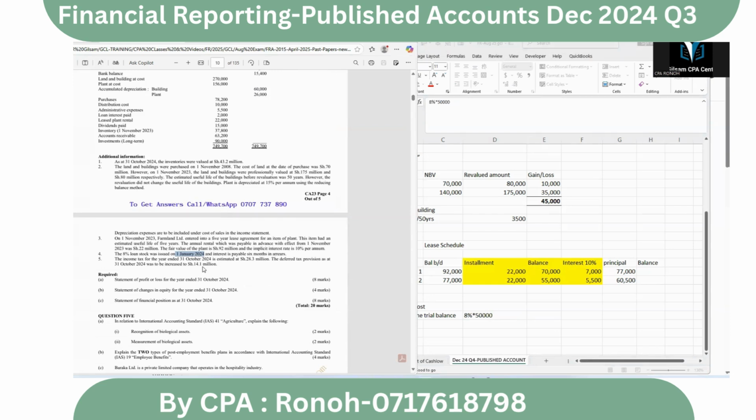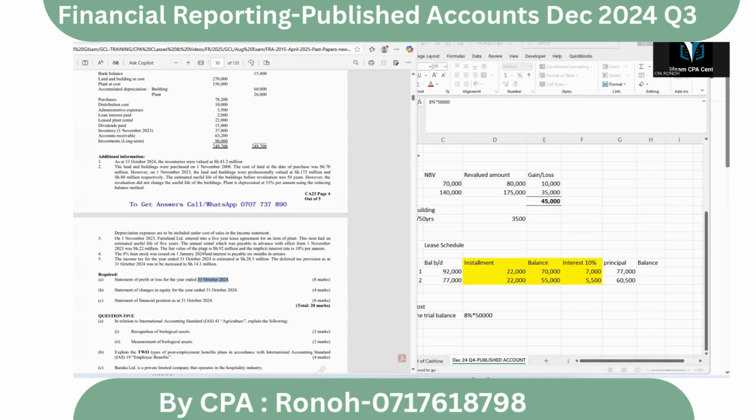Now, when are we closing our books of account? That is 1st October 2024, which means our opening period is 1st November 2023. Now we are issuing on 1st January 2024. January, February, March, April, May, June, that is 6 months.